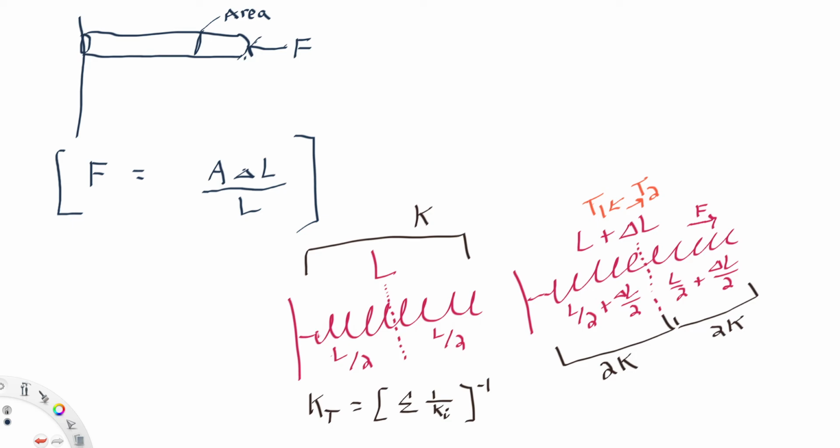Nobody has an intuition about what's stronger, copper or steel? Yeah, copper is much easier to squish than steel.